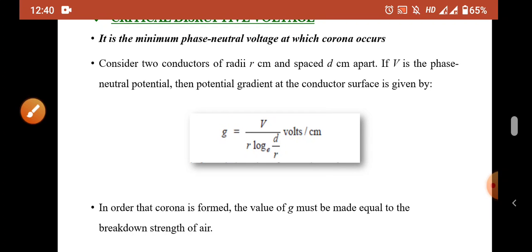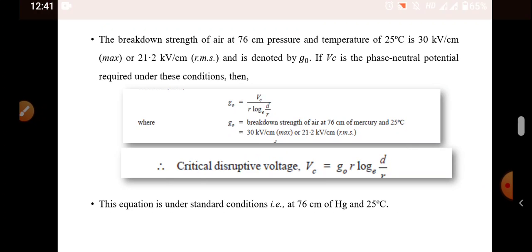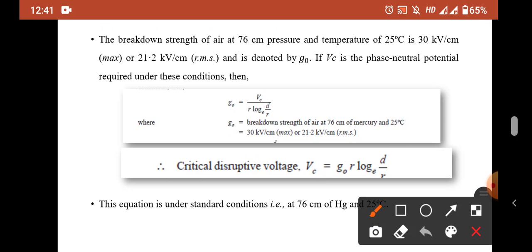The breakdown strength of air at 76 centimeter pressure and temperature of 25 degrees Celsius is 30 kilovolt per centimeter and is denoted by G0. So the potential gradient should be equal to the breakdown strength of the air, then only corona will form.